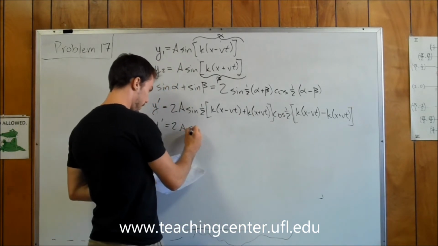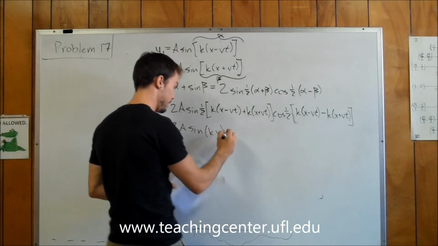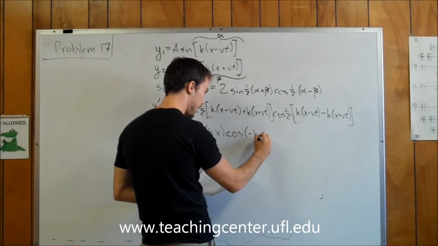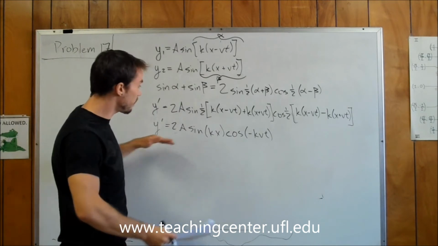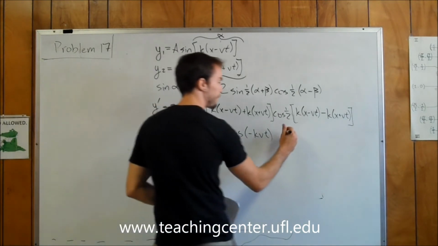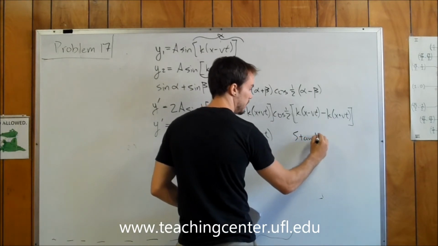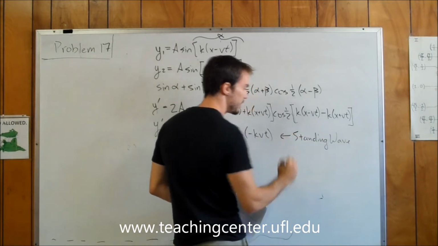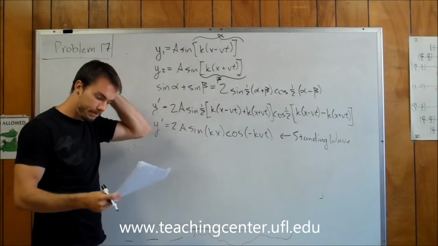So we end up with sine of kx times cosine of negative kvt, times our 2A, of course. This is the formula for our standing wave, which is the combination of the two waves that they gave us on the same string.